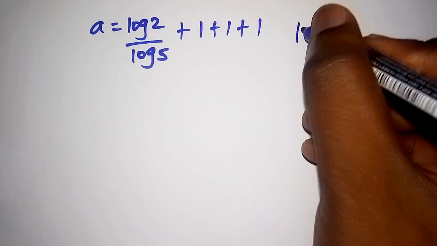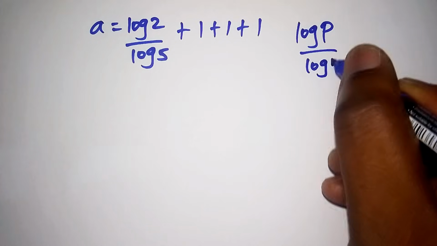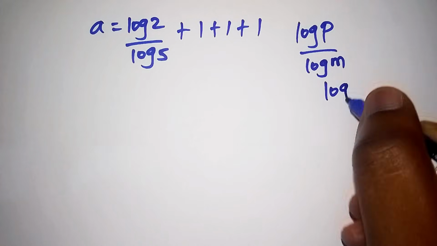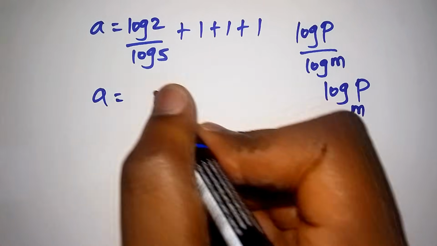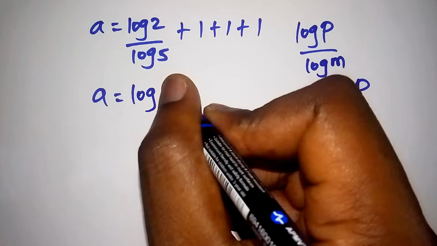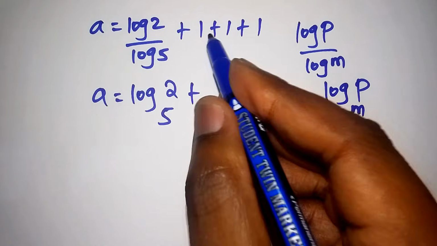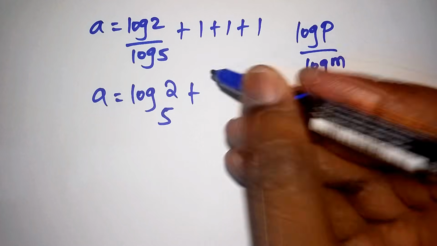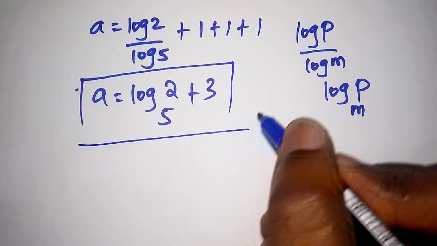Assuming that we have the log of p all over the log of m, this can be written as the log of p to the base of m. Similarly, a shall be written as the log of 2 to the base of 5, plus 1 plus 1 plus 1, that is 3. Now this qualifies to be our most correct and best answer.